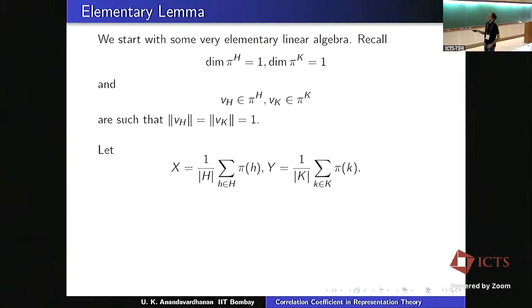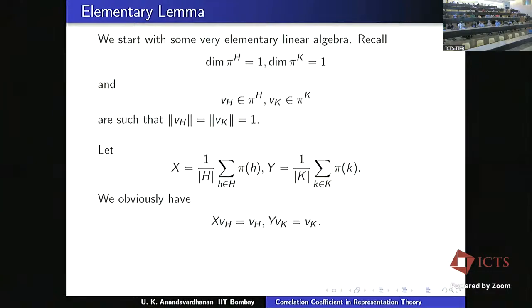Let me take the H average operator X and the K average operator Y. Obviously, X VH is VH itself, because X is the H average; any vector X acts on becomes H-fixed. Similarly, Y VK is VK.